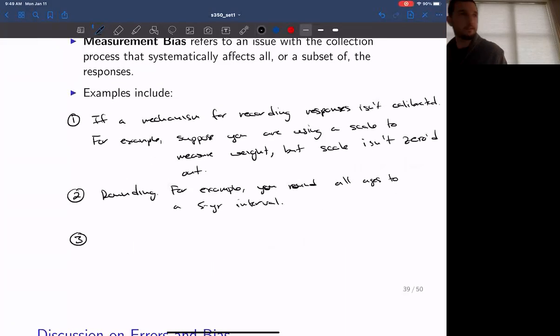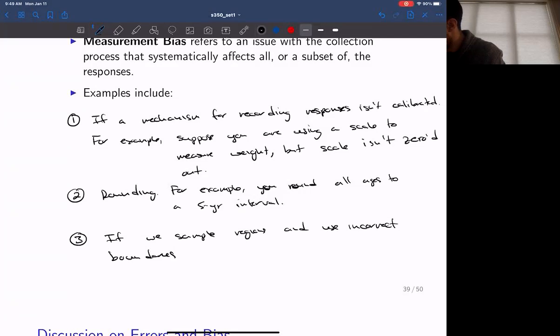And then we could also say that this might occur if we sample regions and use incorrect boundaries.